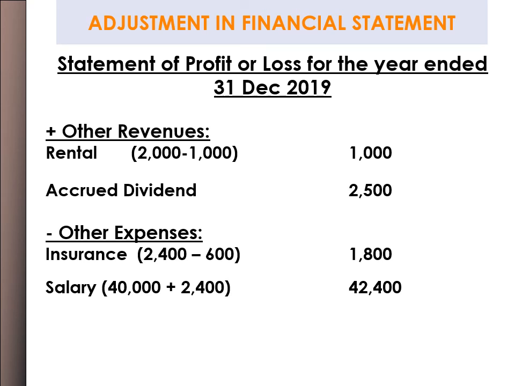And in the statement of profit or loss ended 31st December 2019, you must include the bonuses for salary that has not been paid, but you must record or recognize as expenses. Then you should show in the statement of profit or loss 31st December 2019 there is 42,400 ringgit, which is the actual amount of salary for the year.